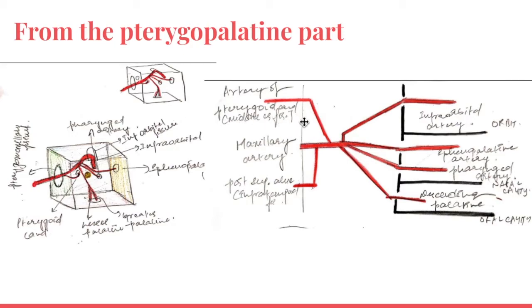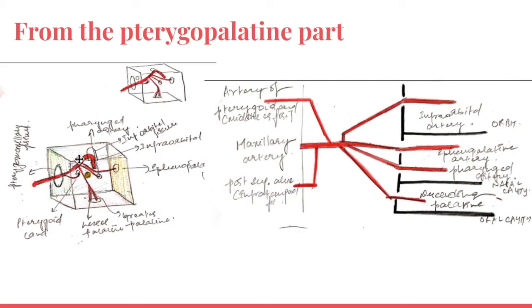Just think of it in this way. Before entering the pterygomaxillary fissure, it gives the infraorbital artery and the posterior superior alveolar. As it enters, it passes backwards. The two branches which pass backward are the artery of the pterygoid canal and the pharyngeal branch. And the next one enters the nasal cavity through the sphenopalatine foramen, and it is also the artery of epistaxis.